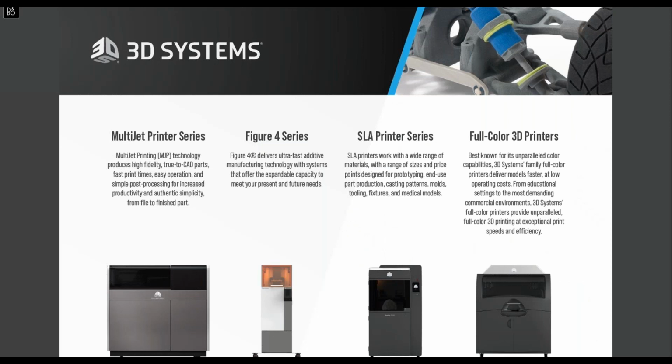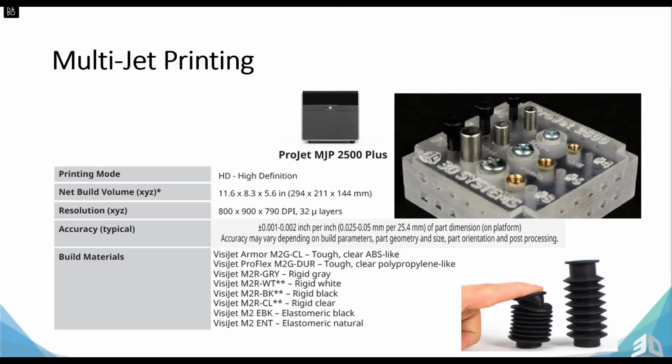All right, so 3D Systems has a wide range of technologies to cover. We're going to touch on multi-jet printing, the Figure 4 series, which is a DLP technology, stereolithography, and ColorJet printing. So first we'll start with the multi-jet printing, sometimes referred to as MJP. This is liquid being jetted out through print heads.